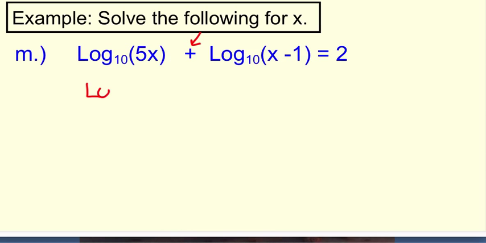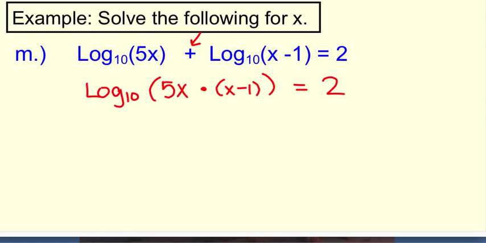So I have a logarithm base 10 of 5x times x minus 1 equals 2. So I've combined these two pieces back together with one logarithm. Remember, they have to be the same base.